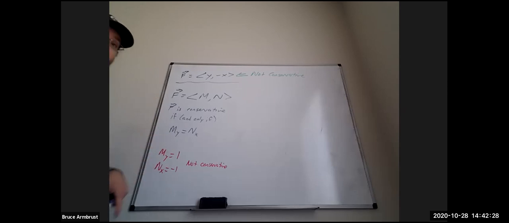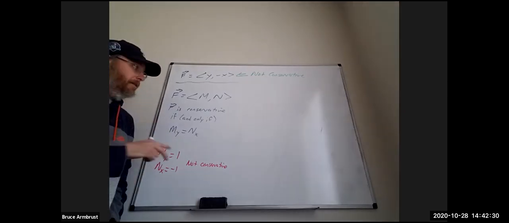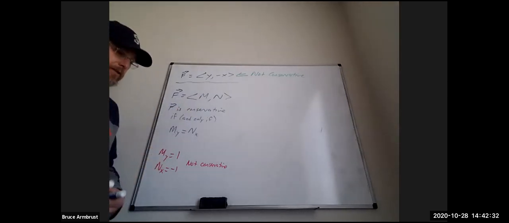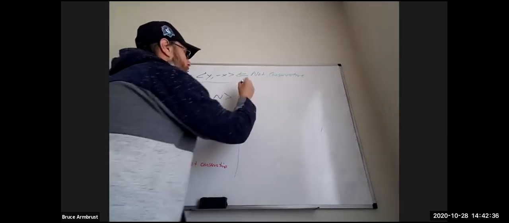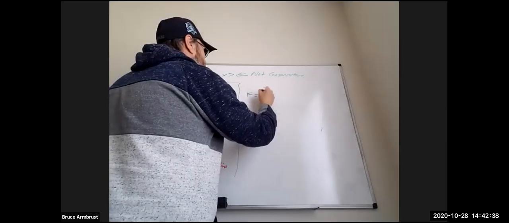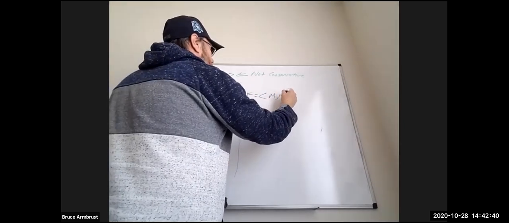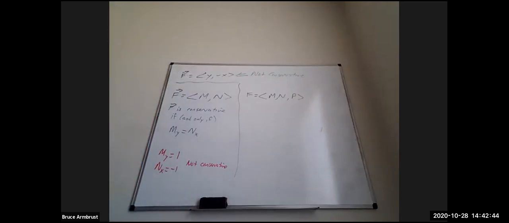Okay, so this is the 2D check. 2D, because there's another check for 3D. Okay, so I'm going to call these guys M, N, and P.